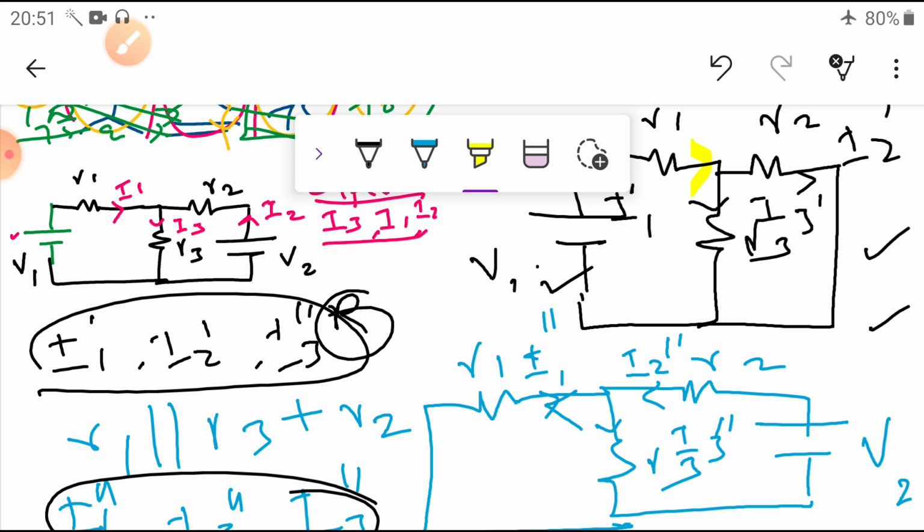Okay. In the second case I assumed this direction. So, I1 dash minus I1 double dash, whether you are going to get minus or positive, irrespective of that, you just assumed. If it gets the positive value, your assumption is good. But otherwise, if you get the minus value, just change its direction. Nothing will happen. Okay.